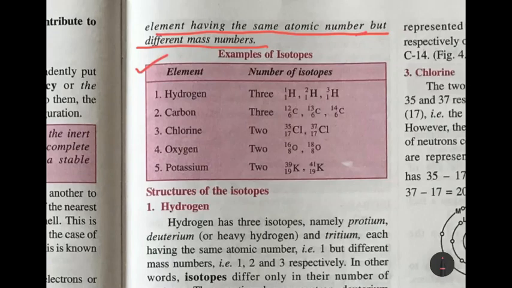Hydrogen has 3 isotopes, carbon has 3, chlorine has 2, oxygen has 2, and potassium has 2. If you look here, you will see that the atomic number, which is the subscript, is the same in all cases, but you will see a difference in the mass number. That is because the number of neutrons is more.